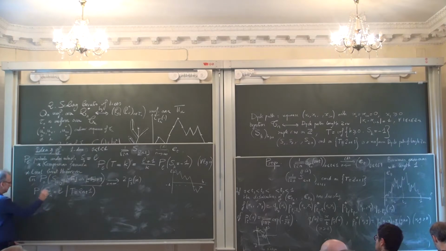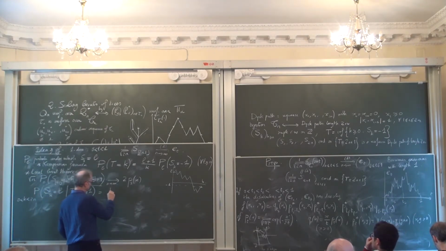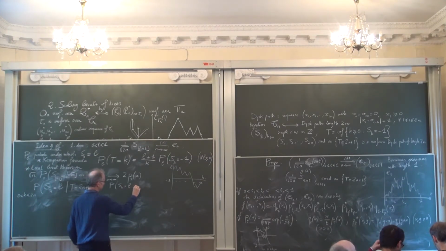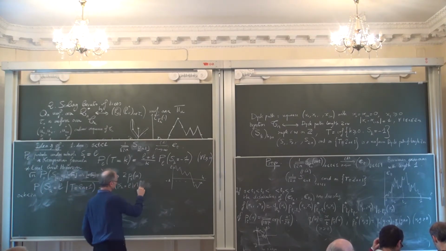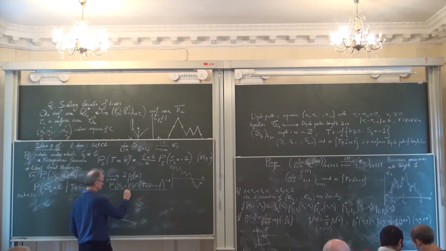So k is between 0 and 2n, say, for the moment. I write this as usual as a ratio: the probability that Sk is equal to L intersected with T equal to n+1, divided by the probability that T is equal to n+1.